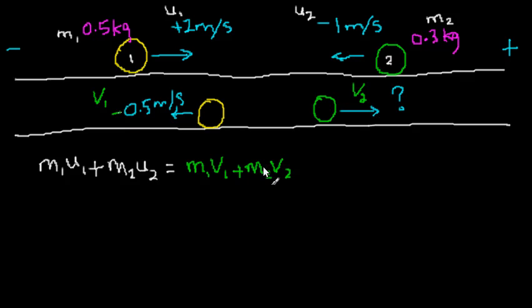So in principle, I can just substitute the numbers into the equation and solve for v2. Now I'm going to do what I usually do.